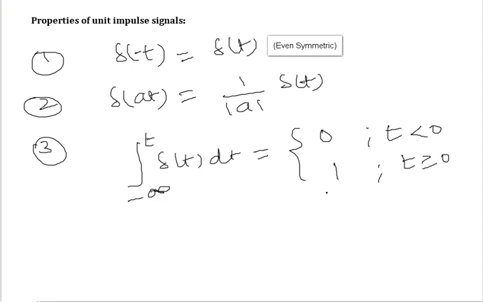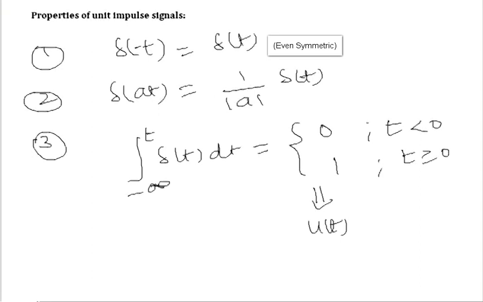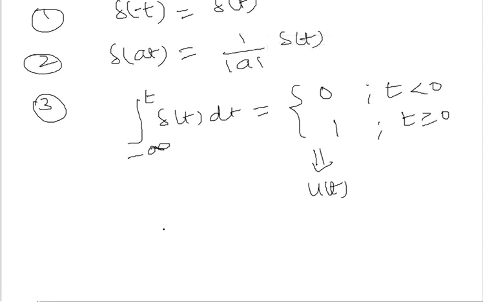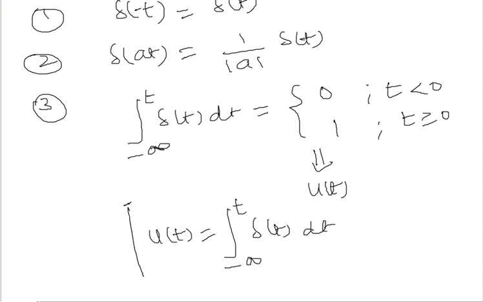And we can see that this is nothing but the unit step signal. This is the definition of the unit step signal. It means we can relate this as u of t equal to the integration from minus infinity to t of delta tau d tau.